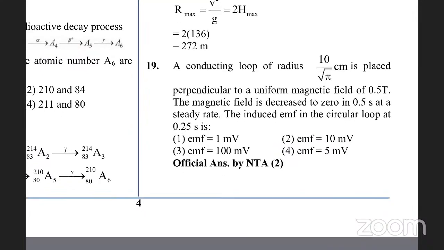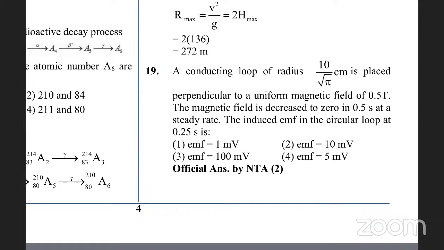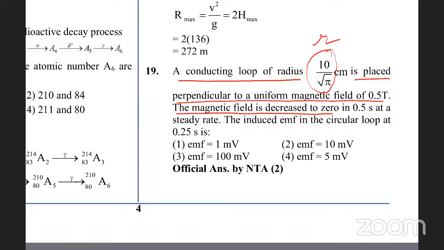Look at the 19th question. A conducting loop of radius 10 by root 2 centimeters, radius r, is placed perpendicular to the magnetic field. The magnetic field decreases to 0 at a steady rate. Then the induced EMF in the circular loop. So this is based on the concept that the EMF induced is equal to minus d phi by dt.